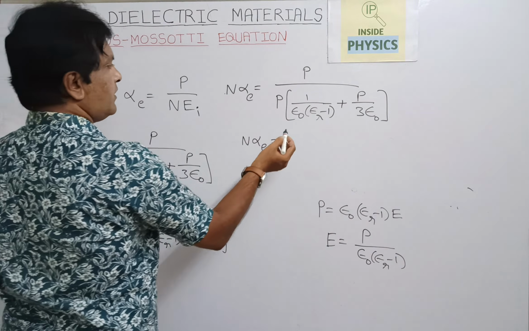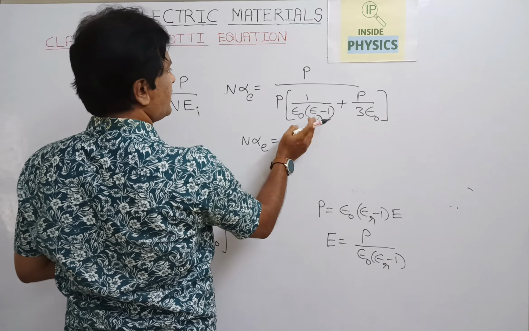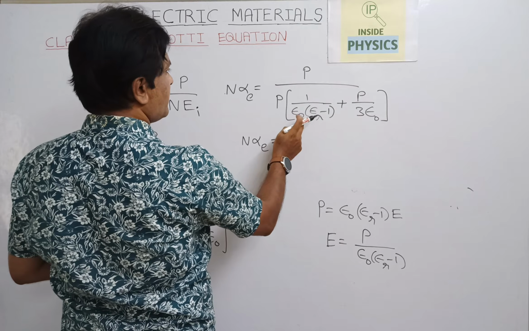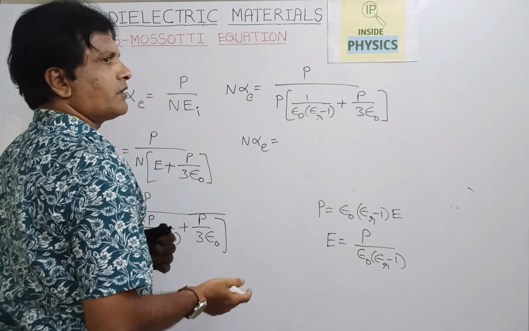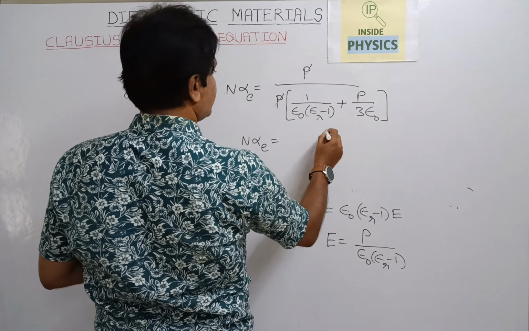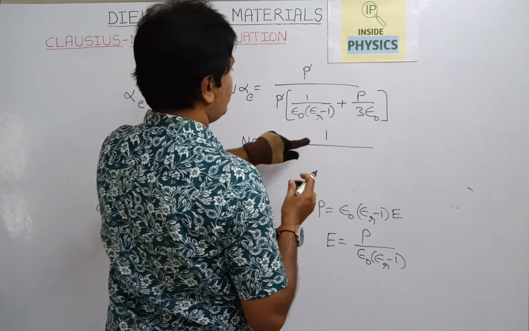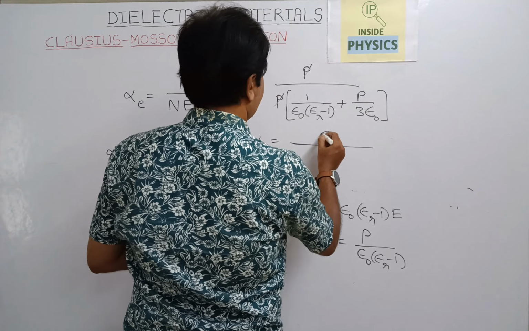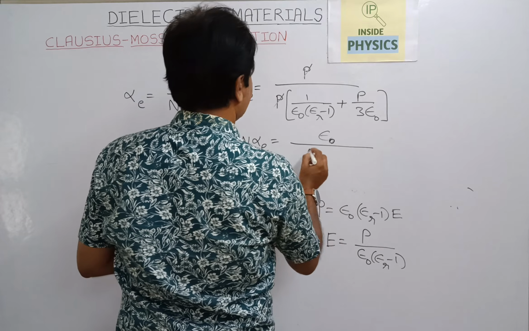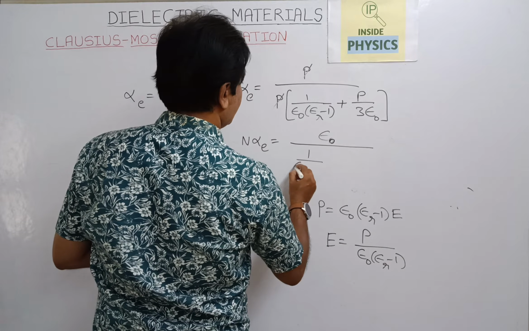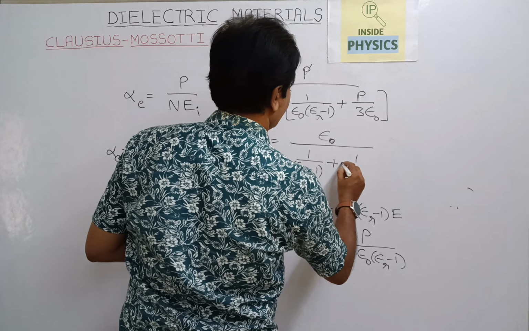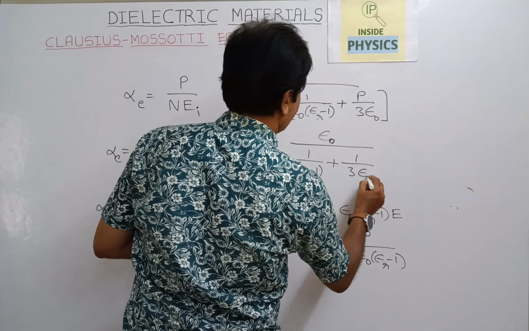So if you observe, take epsilon naught out of these brackets as a common factor, and this epsilon naught will move to the numerator. After taking the common factor, P and P get cancelled. So this equation will become, taking epsilon naught to the numerator, 1 by epsilon r minus 1 plus 1 by 3.